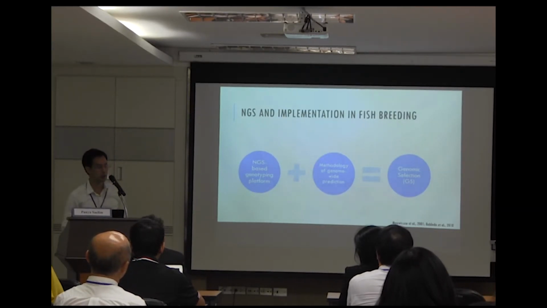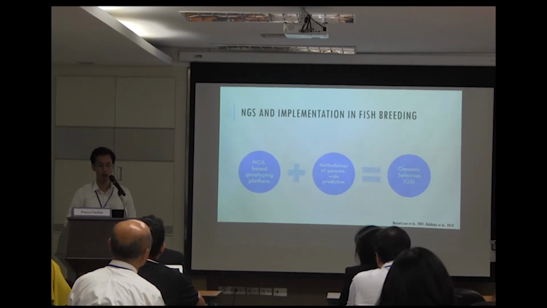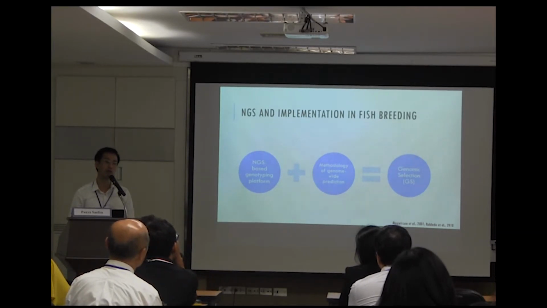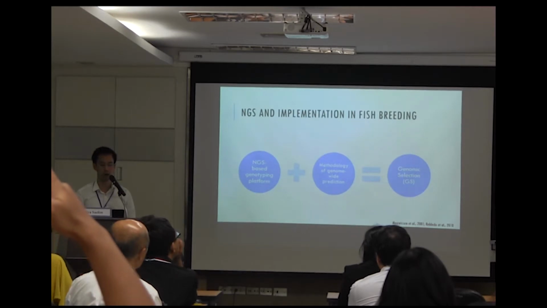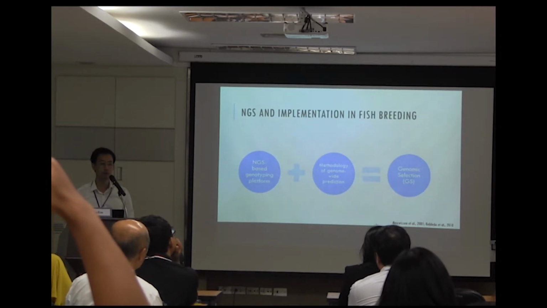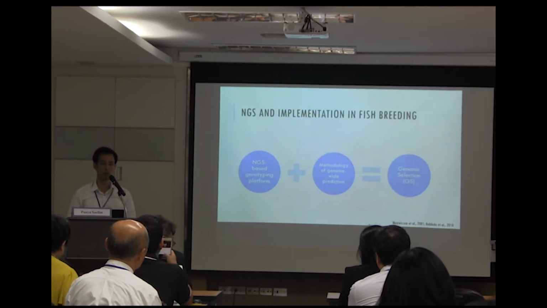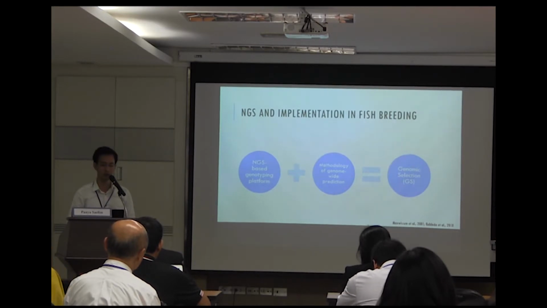So how does next generation sequencing actually help us to improve the prediction accuracies? There are two very important things that we combine together to make genomic selection possible. First, the next generation sequencing-based genotyping platform, and the methodology of genome-wide predictions. Together we can do genomic selection.